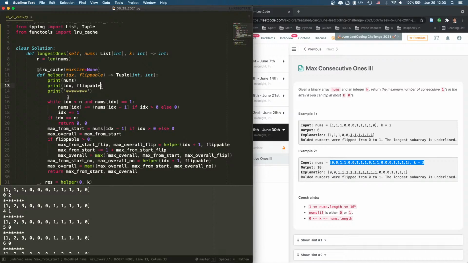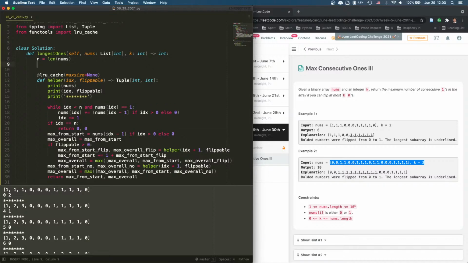I mean, we can go through the original, get all the values out, and get all the 0 indices out. And then we can avoid this situation. Okay, let's do that.